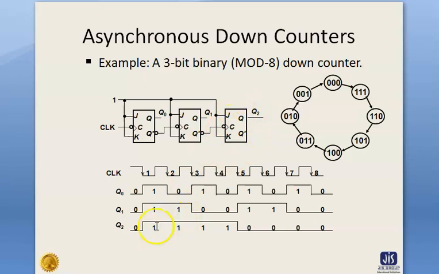Okay, so 111, 110, 101, 100, 011, and it reaches 000, and again if we apply the clock input, then it will be 111. So in this way this counter counts downwards, in descending order.